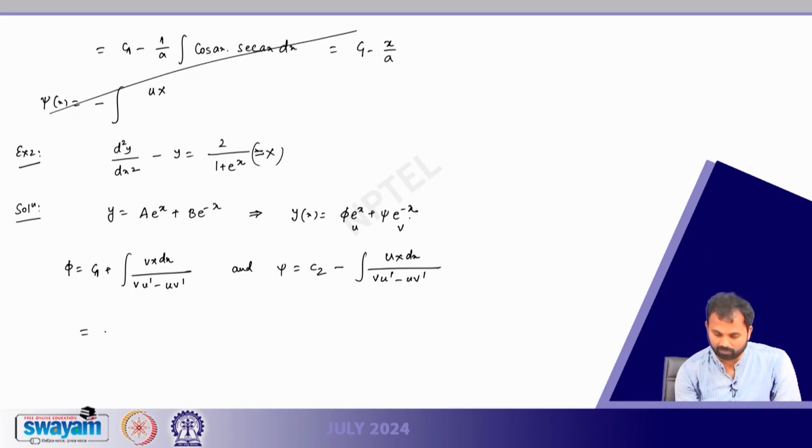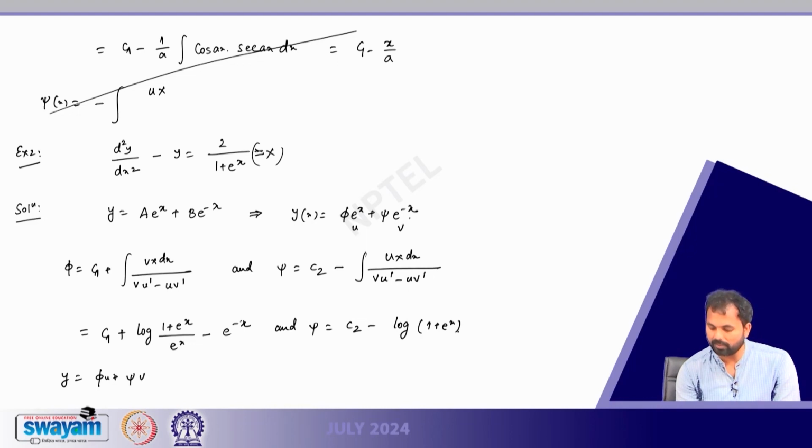Ultimately, hopefully you will end up getting phi as C1 plus log of 1 plus e to the power x, divided by e to the power x minus e to the power minus x, and psi will be C2 minus log of 1 plus e to the power x. Therefore our complete solution y will be phi u plus psi v, where phi is given by this, u is given by this, psi is given by this, and v is given by this, right.